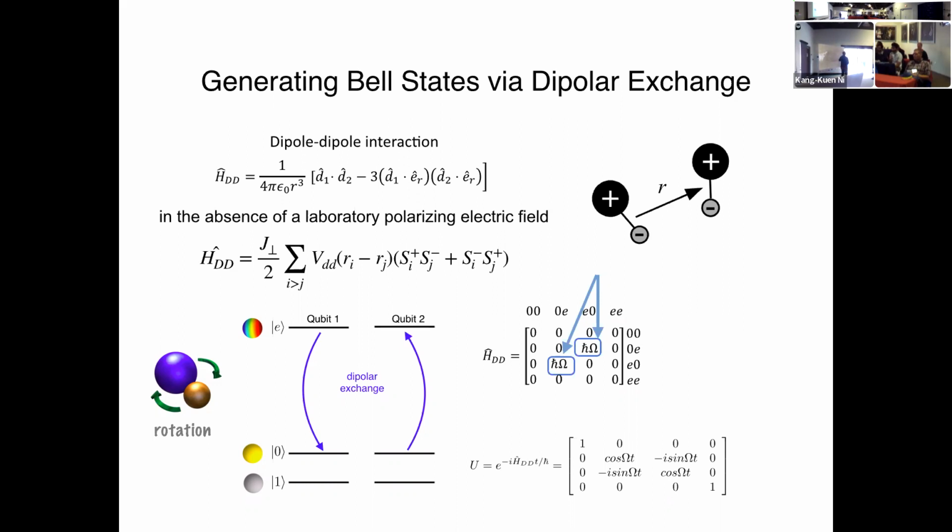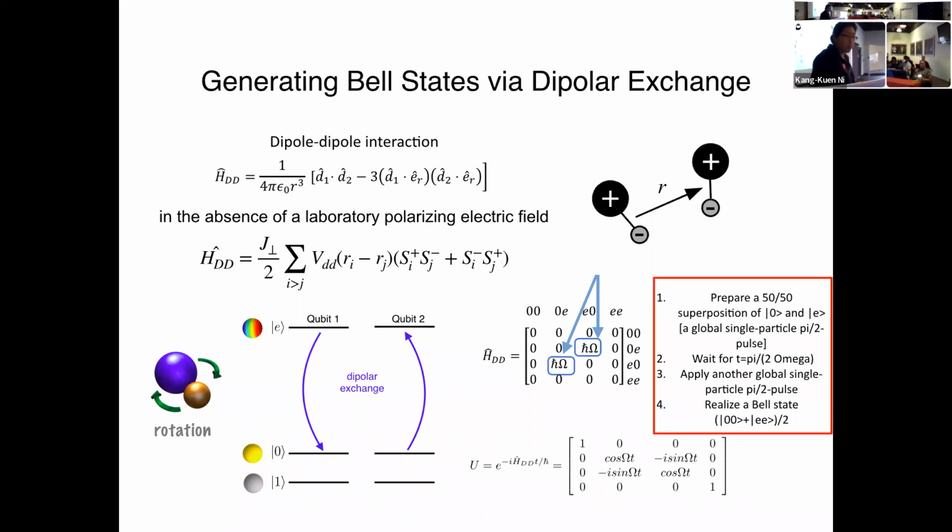In the sense that if the first qubit is in 0, the second is in E, and if the first qubit is in E, the second is in 0. So if you wait just the right amount of time, you have a maximally entangled state, which is the Bell state. This is also a possible sequence to prepare that.